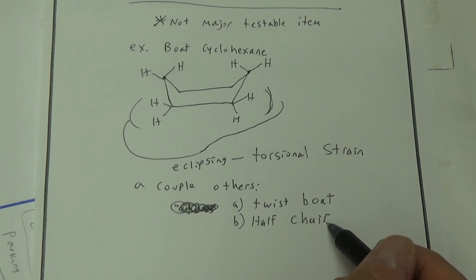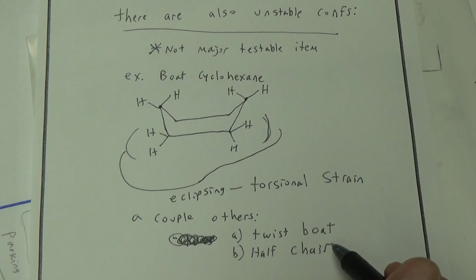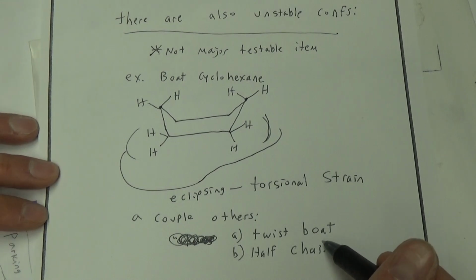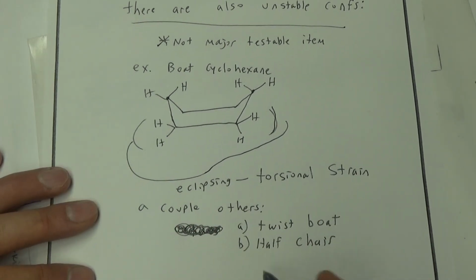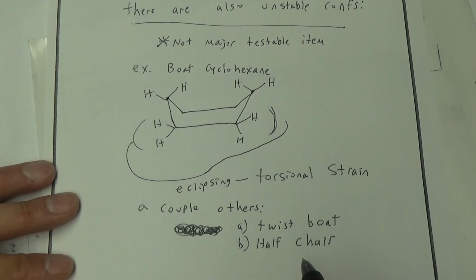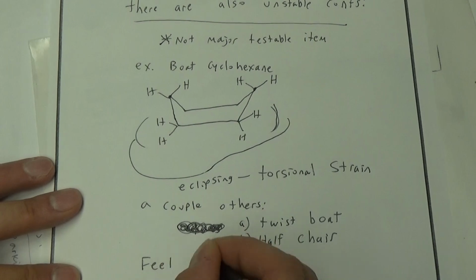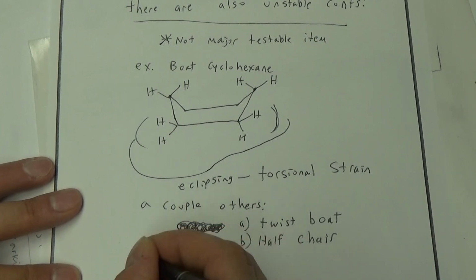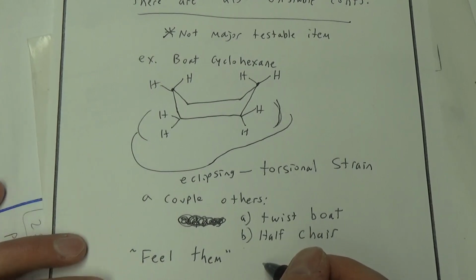You never have to draw these. The book shows them, but you don't have to actually ever draw them. So don't worry about drawing the twist boats and the half chairs. It's easier to see them with models, and feel them. There's an interesting case where you can sort of feel them with models when you do the chair flipping process. So that's what I'm going to show you.